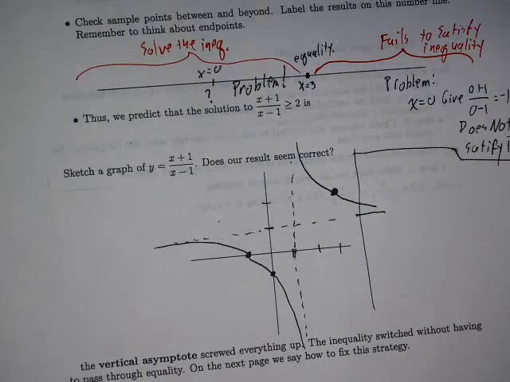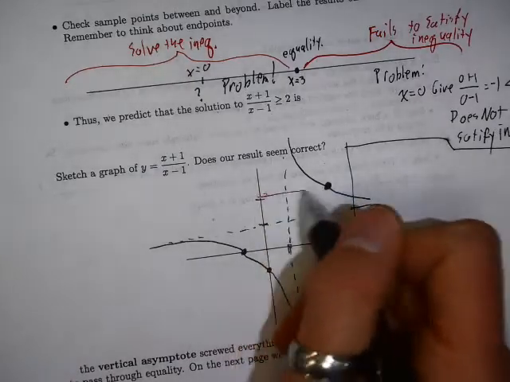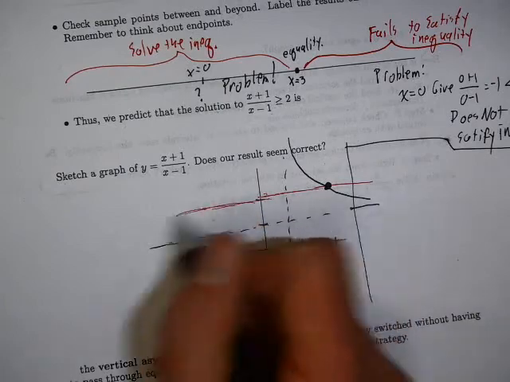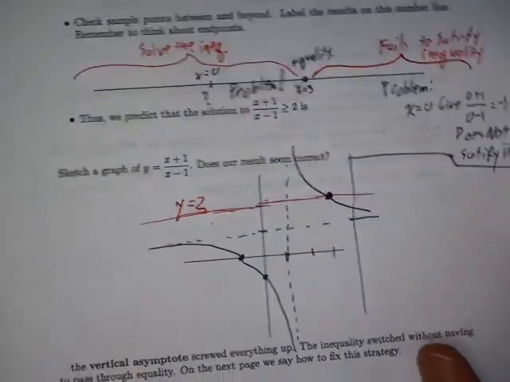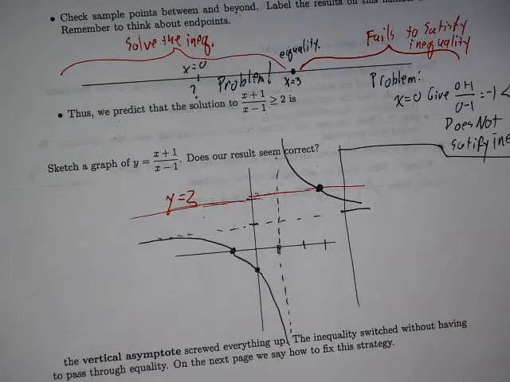And I want to know when this function is bigger than or equal to 2. So maybe I'll add to this. There's the line at y equals 2. So by looking at this graph, well, maybe I'll just give you x values, and you'll tell me if they solve the inequality. Do these x values solve the inequality? No, because I want y values that are greater than or equal to 2. So those are bad, those are bad.